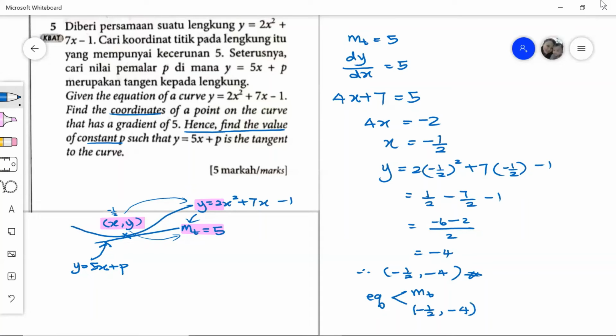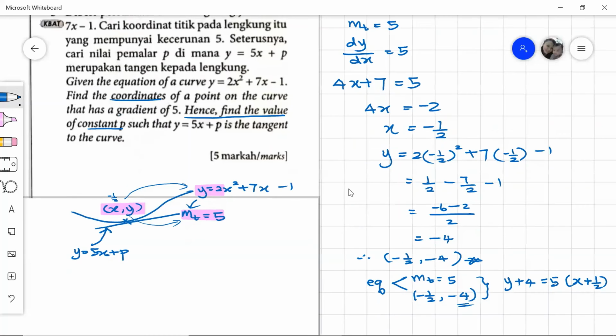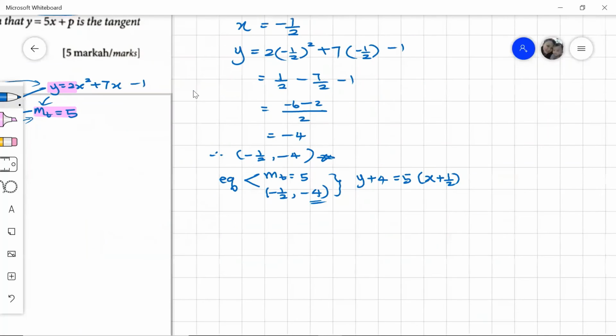So with these 2 things, we sub into y minus y1, which is negative 4, so become plus 4, equals to the gradient. The gradient is 5. Okay, so 5 times x minus x1, which is minus negative half, so plus half. Okay, now let's simplify our equation here.